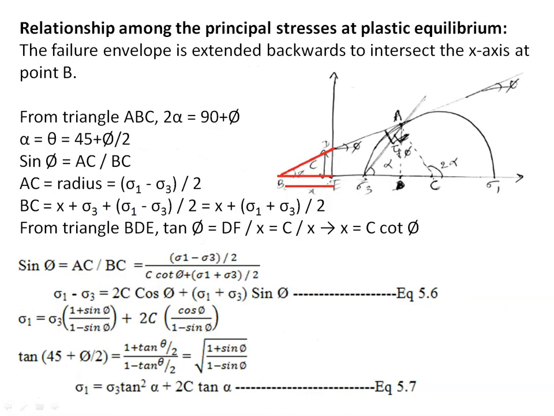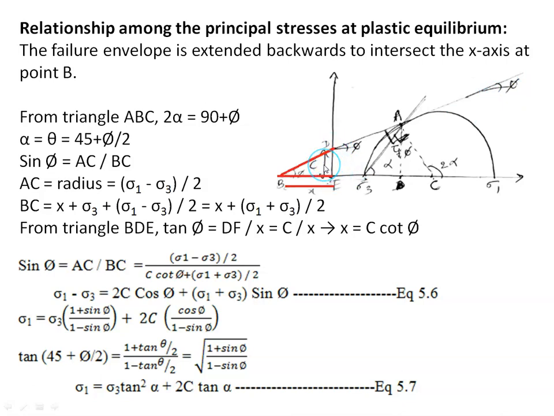Now let us see the relationship among the principal stresses at plastic equilibrium, that is corresponding to failure. We know that this is the failure envelope, which is drawn as the tangent to the Mohr circle, and the angle made by this failure envelope with the horizontal represents the angle of shearing resistance, and its intercept on the y-axis will give you the cohesion of soil.